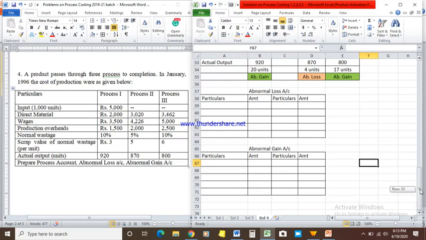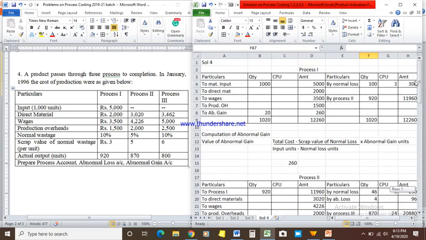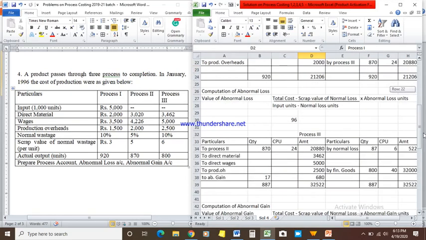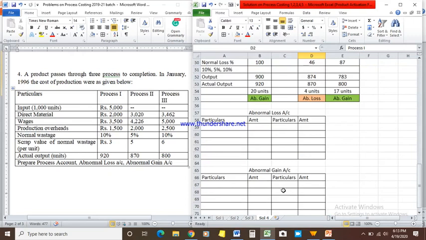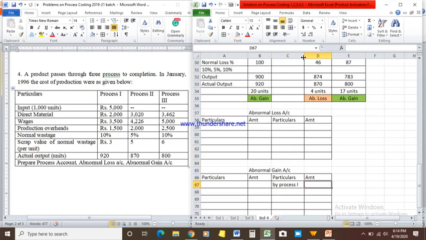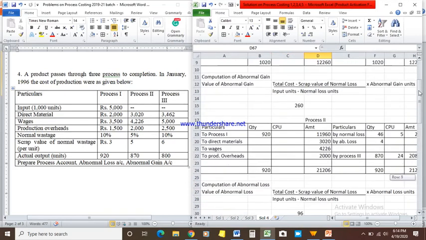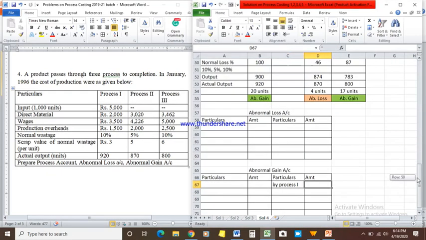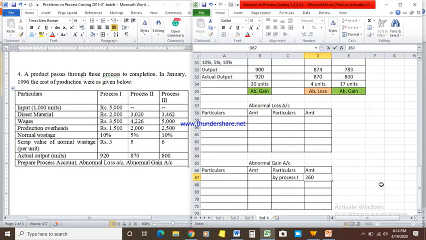Now when you look into the first process, in process 1 we are having abnormal gain, that is 260 rupees. So abnormal gain account on the credit side by process 1, that is 260 rupees.